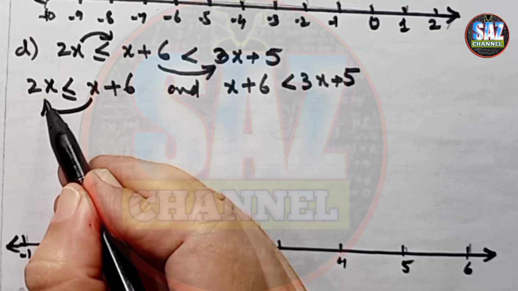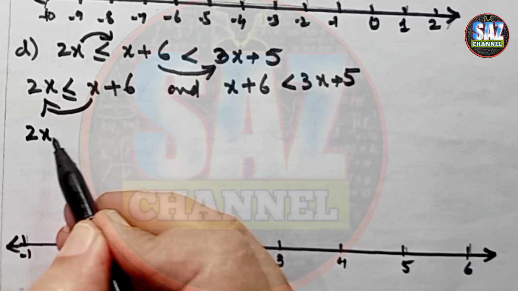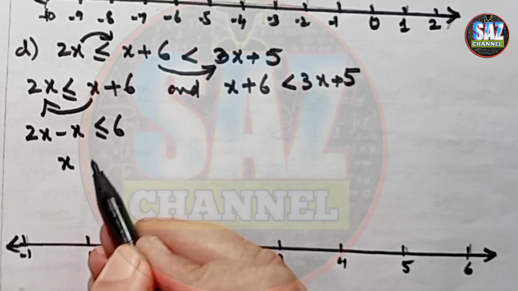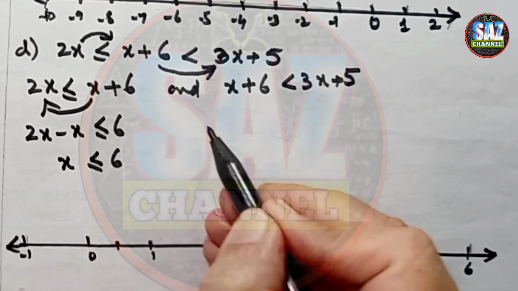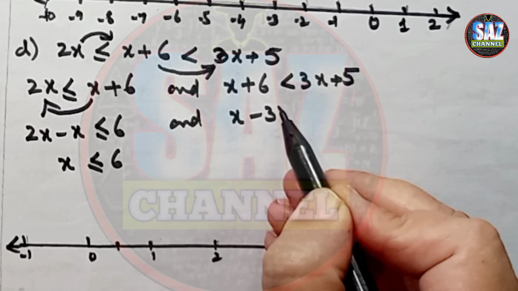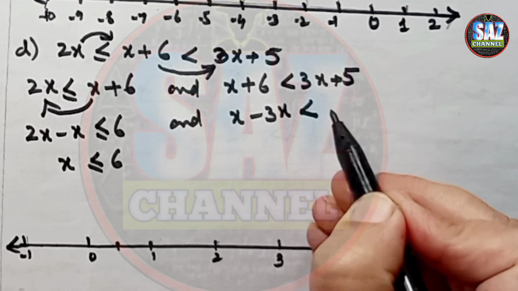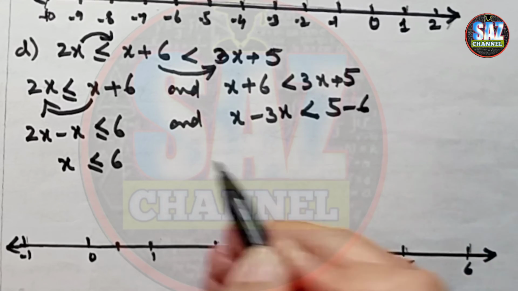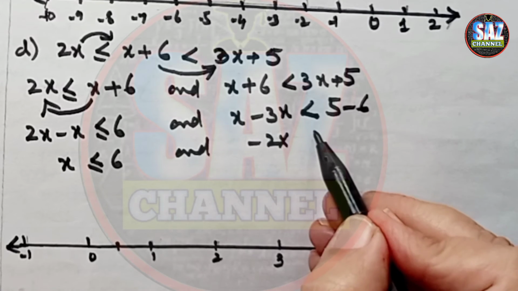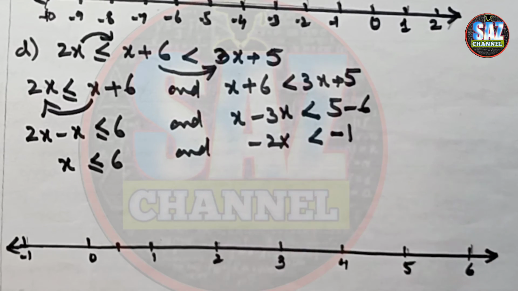Shift like terms on the same side. 2x minus x is less than or equal to 6, or x is less than or equal to 6, and x minus 3x is less than 5 minus 6, and minus 2x is less than minus 1.